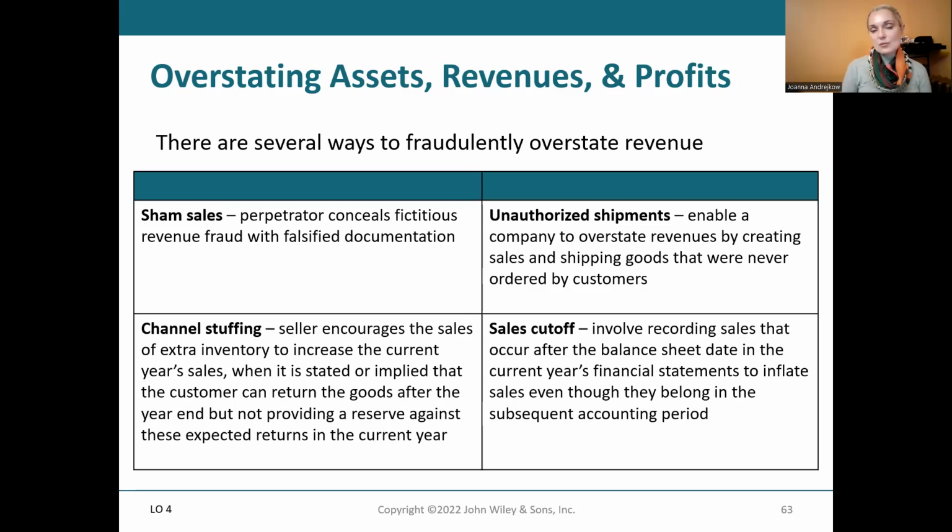Another one is through unauthorized shipments, and this enables companies to overstate revenue by creating sales and shipping goods that were never ordered by customers. So once again, they're fraudulent sales, but these sales actually are accompanied by shipments of inventory. Another way to overstate revenues is engaging in channel stuffing.